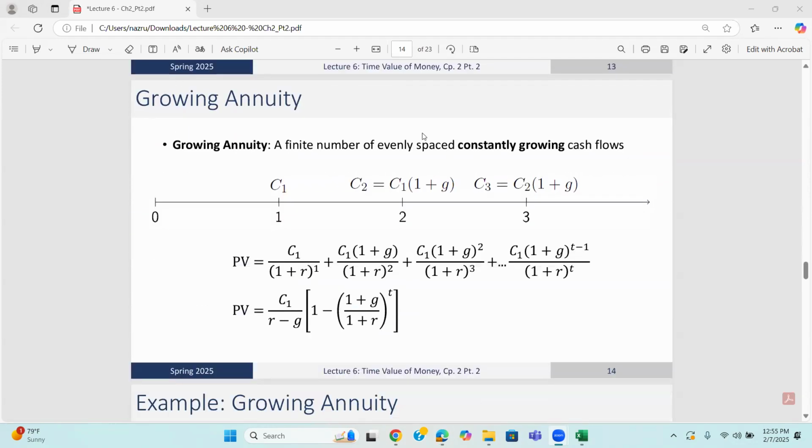That means you have an annuity cash flow, and there is a constant growth with that cash flow. Now we have to calculate the growing annuity. So you can see the time frame. There is a long formula.